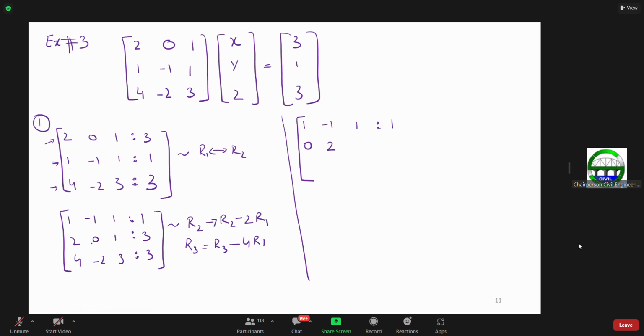Okay. So in here we have R2: 0, minus 2 minus 2. Sorry. Wait. No. I have R3.